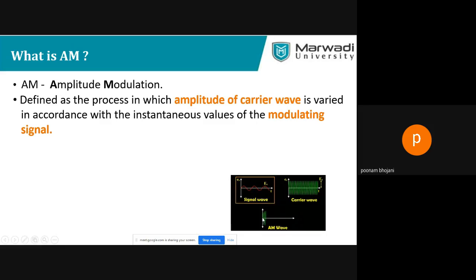Can you see this? The amplitude of the carrier signal will be high when this peak is there. The amplitude of the carrier wave will be low when this value is there. So you will get this type of signal. This is known as modulated signal or amplitude modulated signal, whatever you say, right?